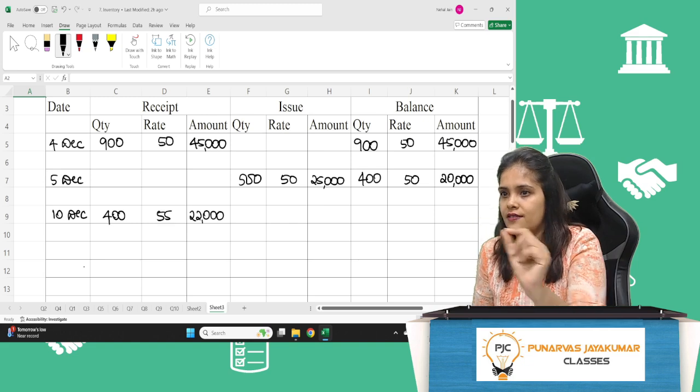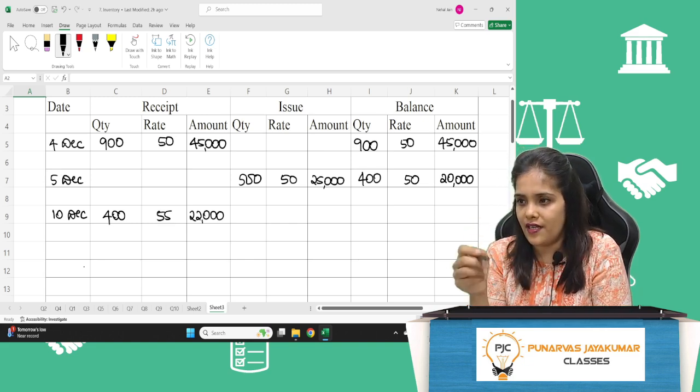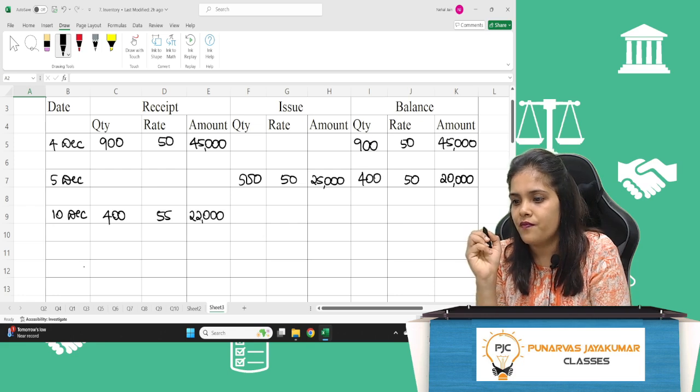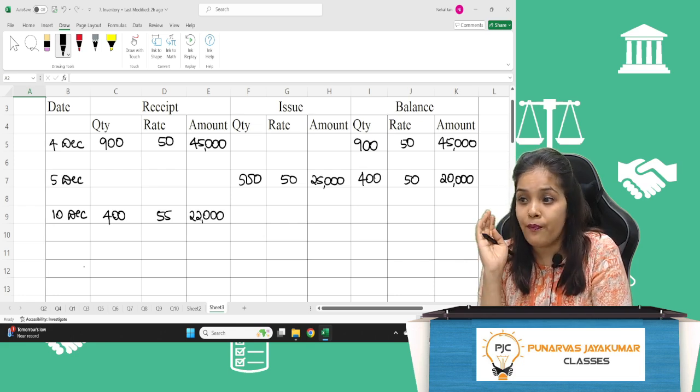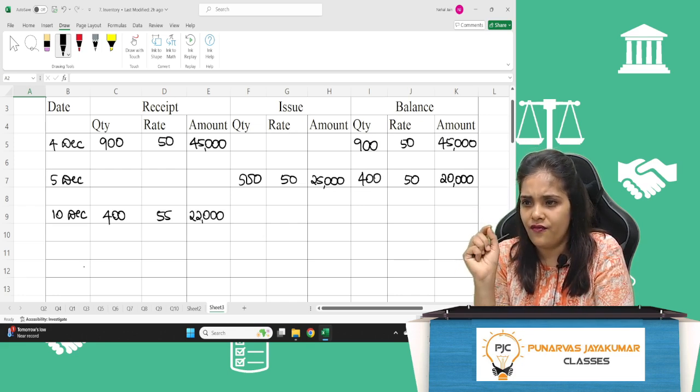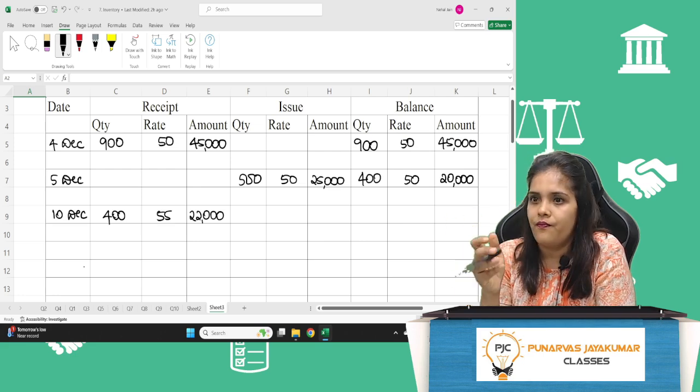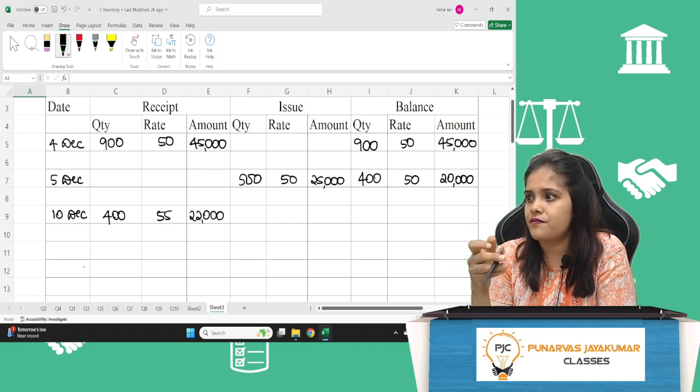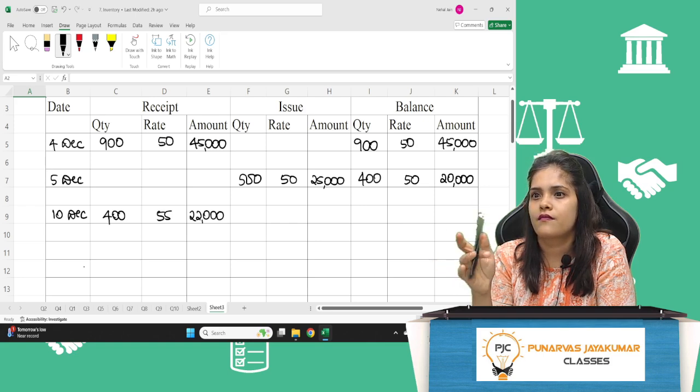Whenever purchase happens in the weighted average method, at that time we have to find the weighted average.